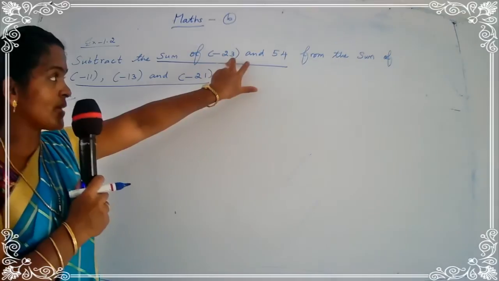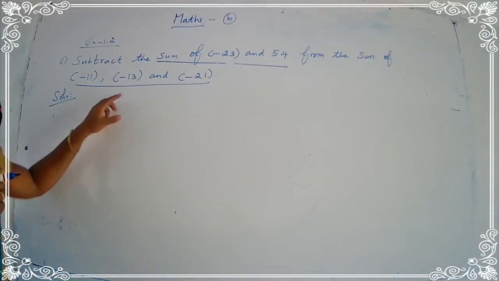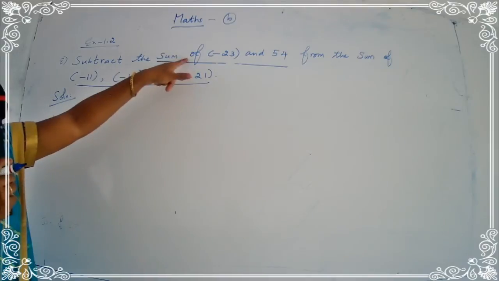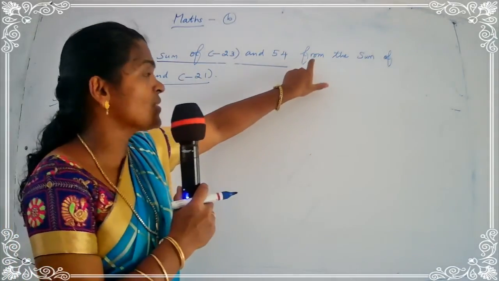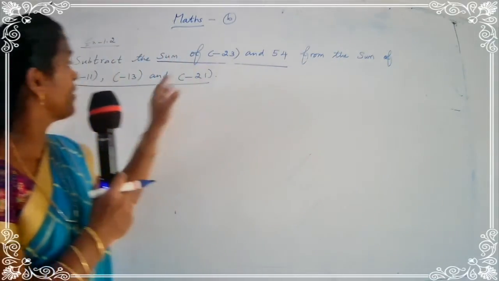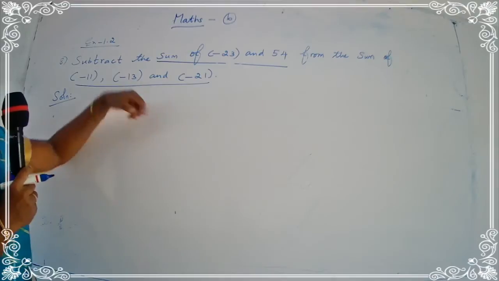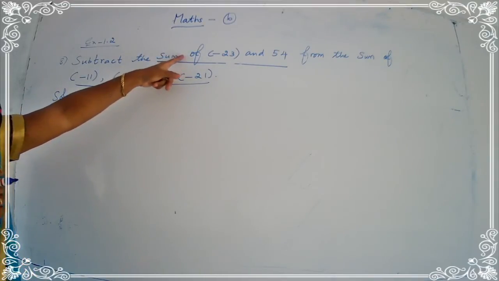Yes children? After finding both sums, what should we do? We subtract this from that. Why? The word is 'from'. So to find the value, it is this answer minus this answer. Now clear? Yes.